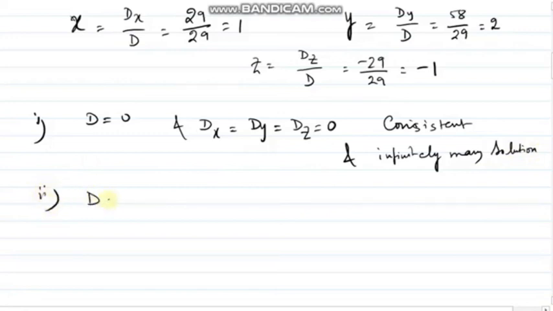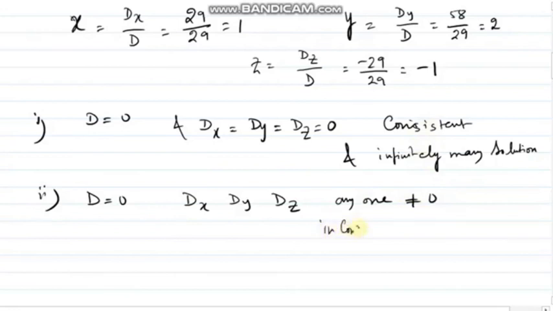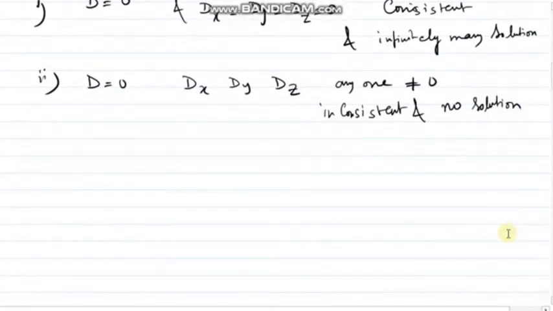Second case: if d is 0 but any one of dx, dy, dz is not equal to 0, then the equations will be inconsistent and we will not get any solution. So the answer will be no solution. The equations will be equations of parallel lines.